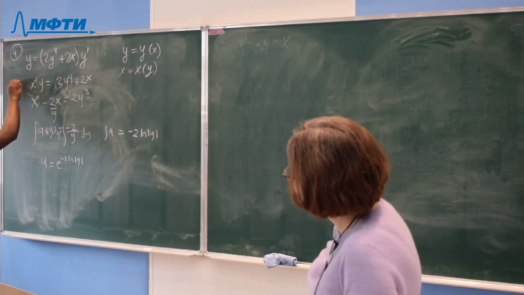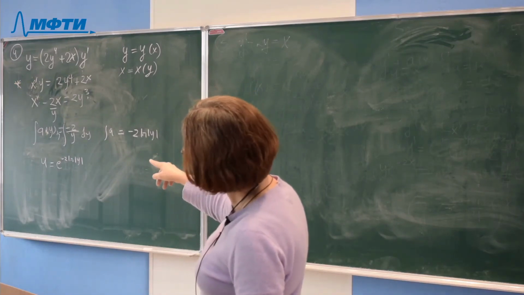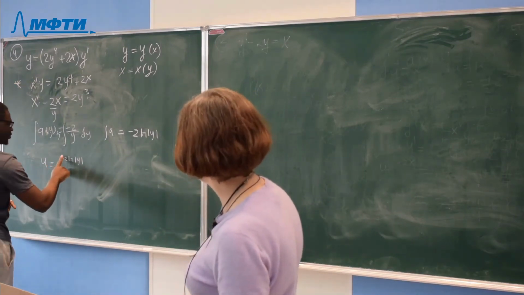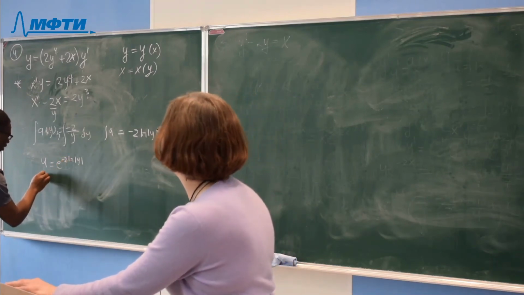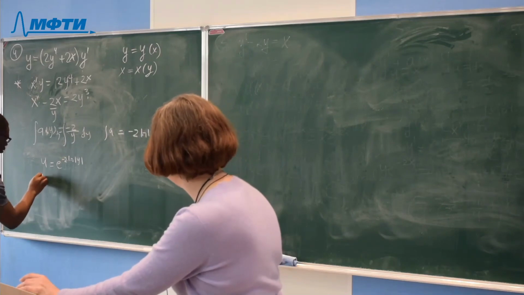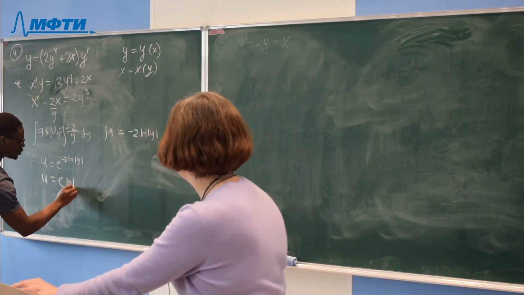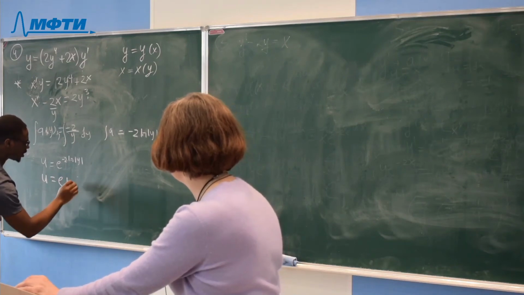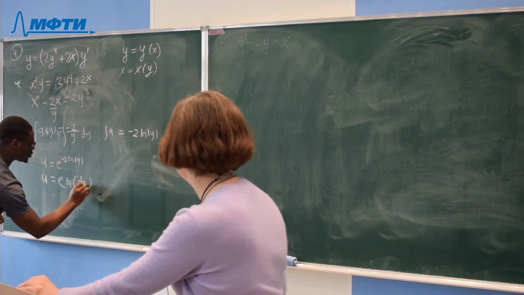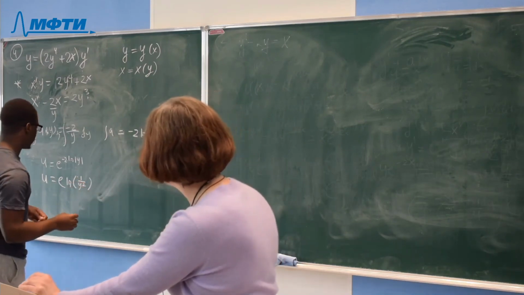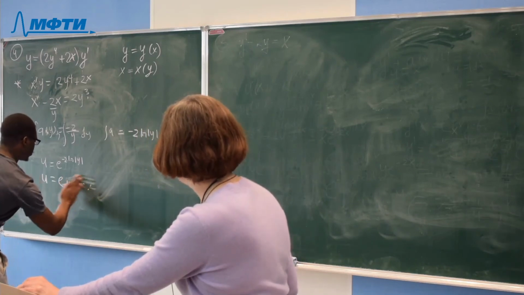Next, let's simplify this function. So -2 can be moved to the power of y, right? Do not remove, please. Just rewrite. Right underneath, e to the power of 1, and it is equal to 1 over y squared.